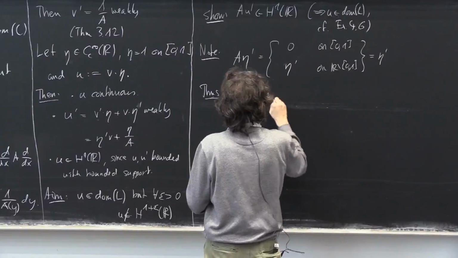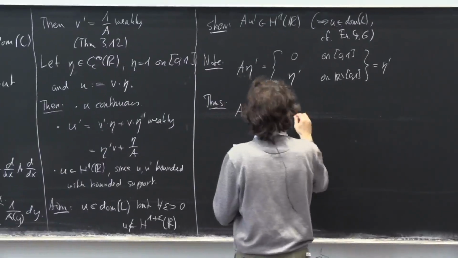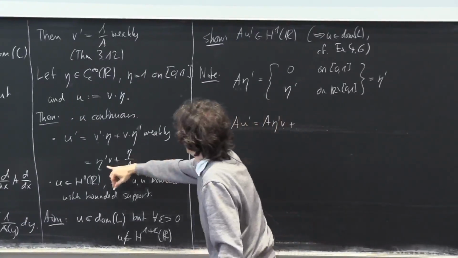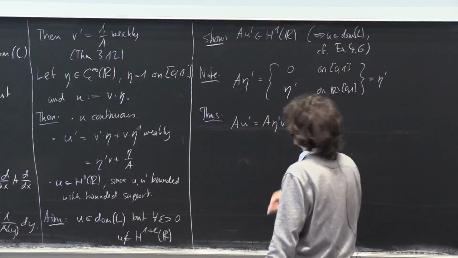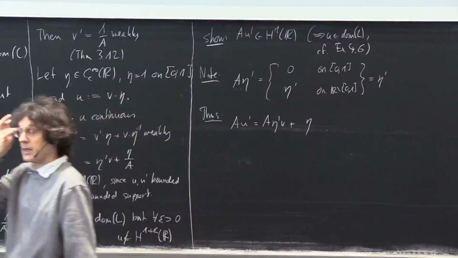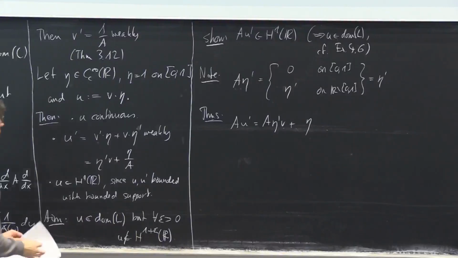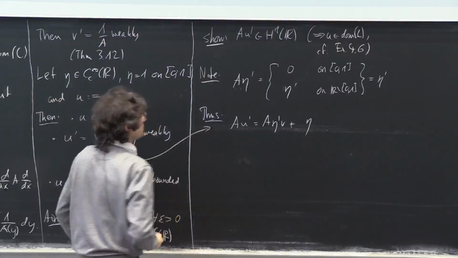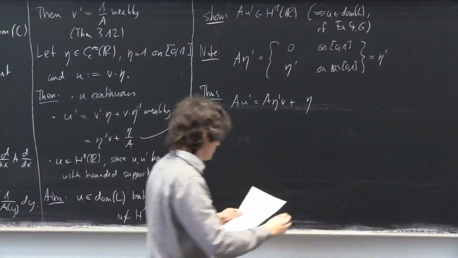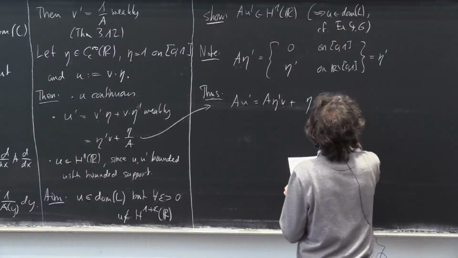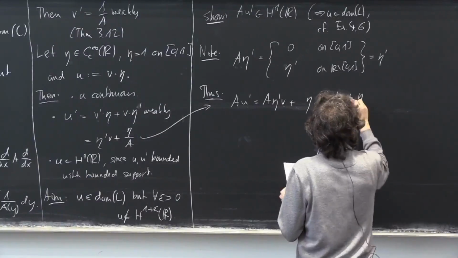AU prime is A eta prime V plus A eta over A, so plus eta. So this is this one. So A eta prime is just eta prime. So this is eta prime V plus eta.